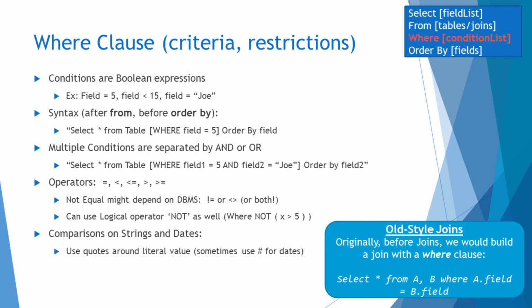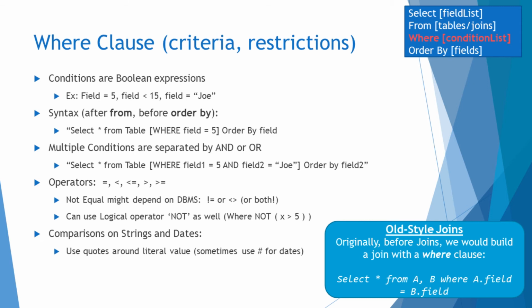Some of them use a greater than and less than sign together. Some of them allow both. If I remember correctly, I think SQL Server does allow you to use either for not equal. I tend to use the exclamation mark and an equal or the word not. So you can use the logical operator not as well. So you could do where not x is greater than 5, which is the same as x is less than or equal to 5.